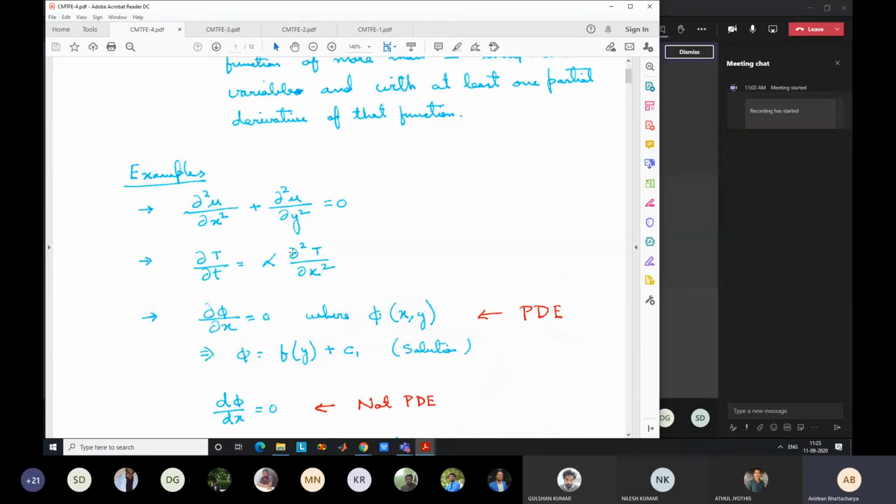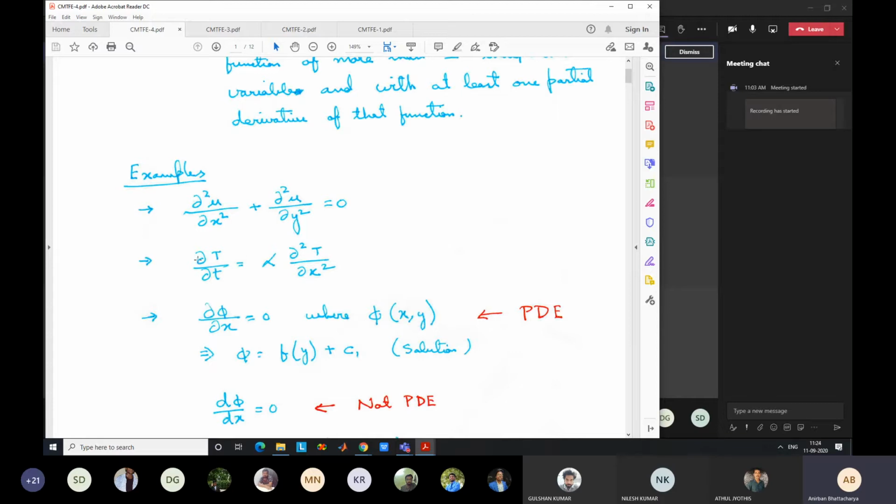Similarly, the next equation is also an example of a PDE, because again we have a dependent variable, temperature, which depends on the independent variables time and x, and this is a typical 1D transient heat conduction problem. In the governing equation, as you can see, we have the transient term and the diffusion term.